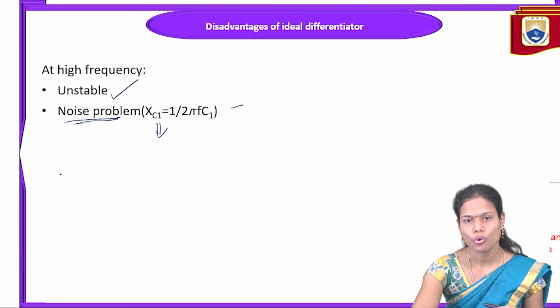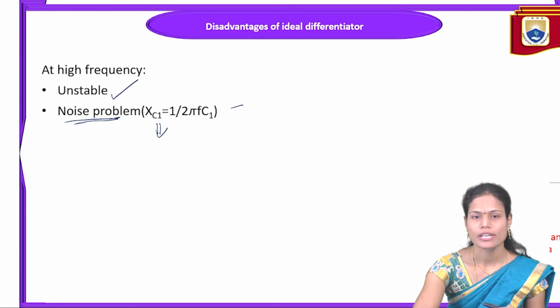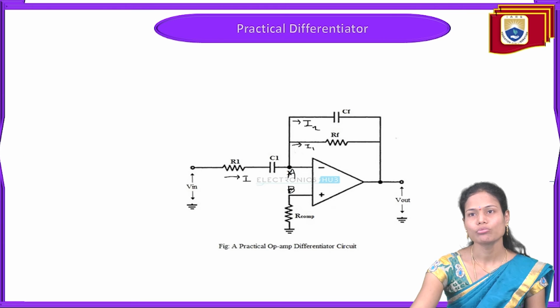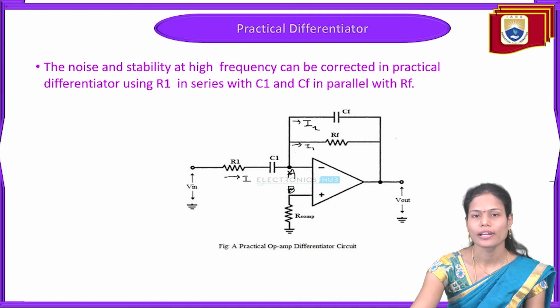So in order to overcome these problems, the instability and saturation problem as well as the noise problem, we are moving to the practical differentiator. So how can we make this practical differentiator? When we add extra elements, one resistance as well as one capacitor, to the ideal differentiator circuit, we can make the practical differentiator circuit.